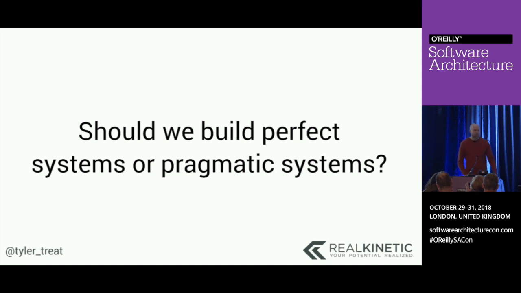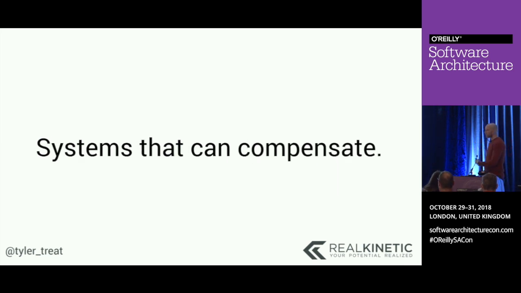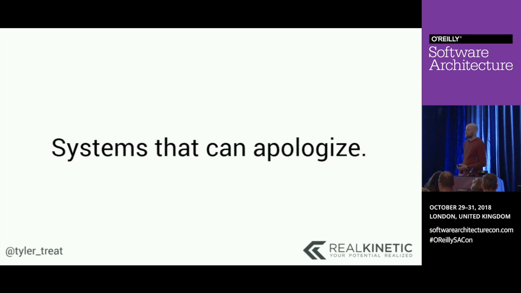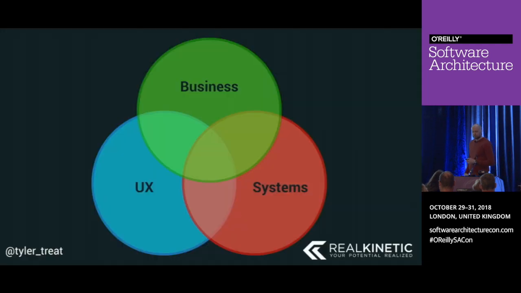Because problems are rarely the problem, but coping is the problem. And so that means systems that can compensate, systems that can recover, and when needed, systems that can apologize. And that includes both code as well as people to manage those apologies. And we can't forget to build out that part of the business and to structure things in a way that allows for that.